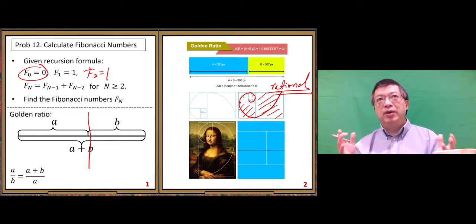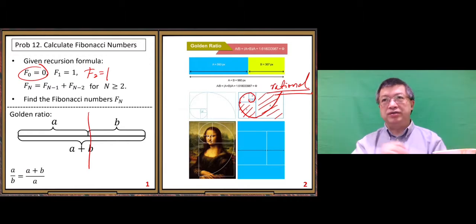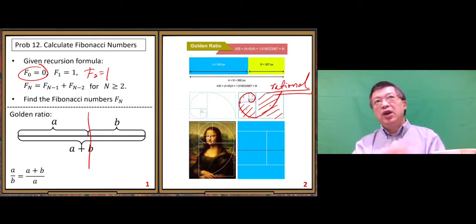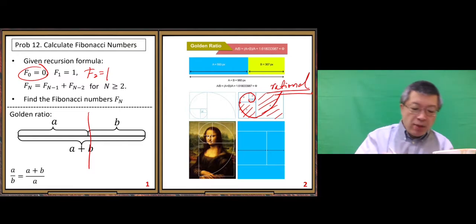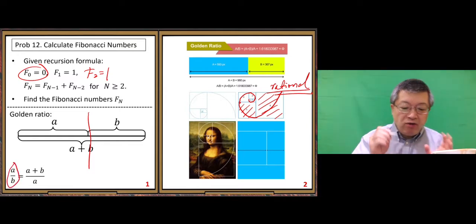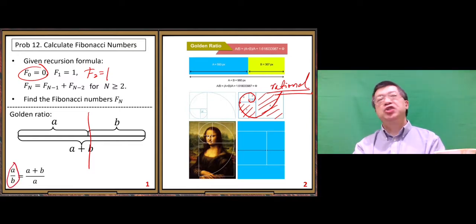So we set up an equation. The question is, how much is the ratio A over B?